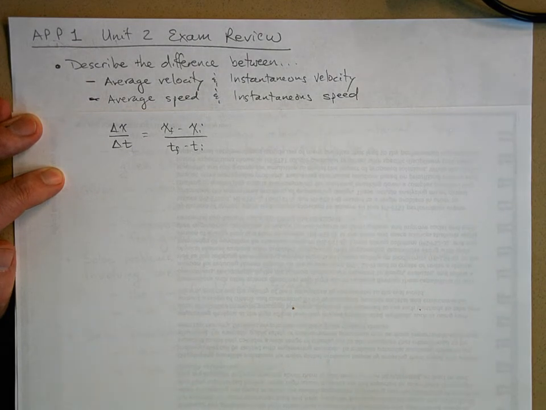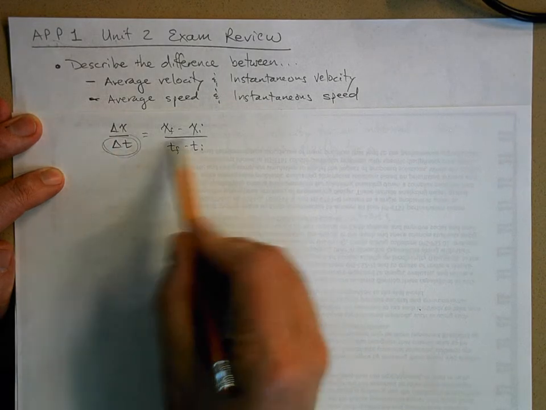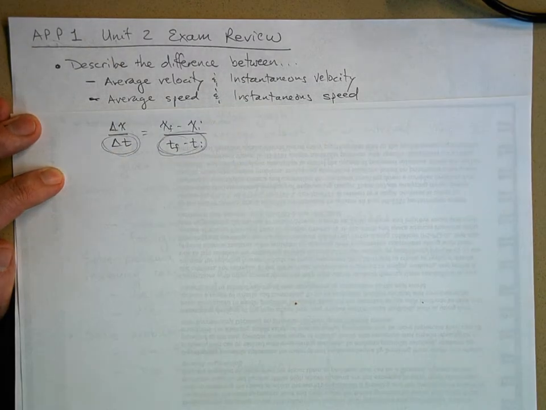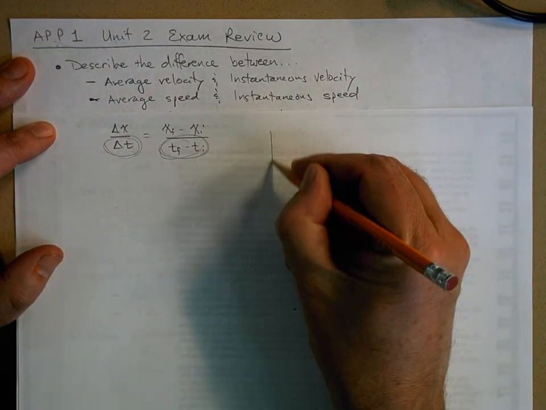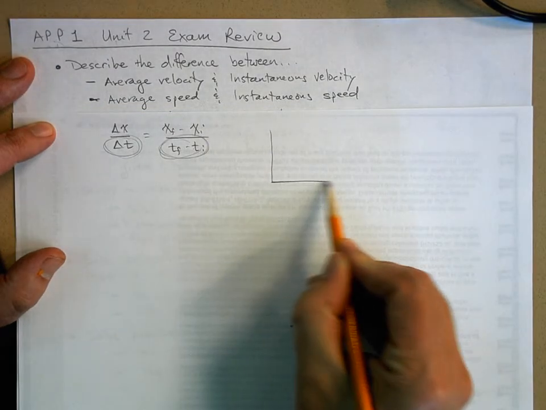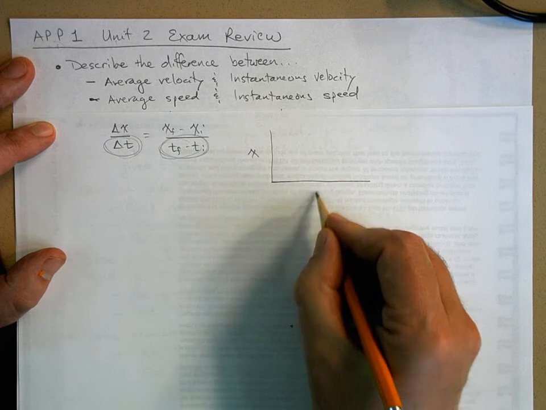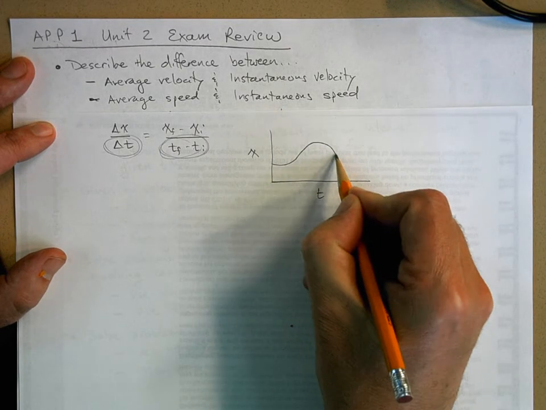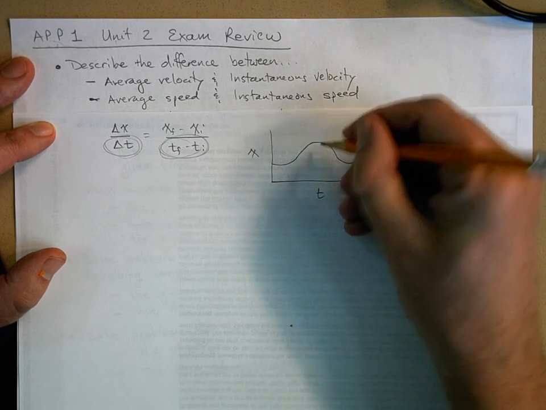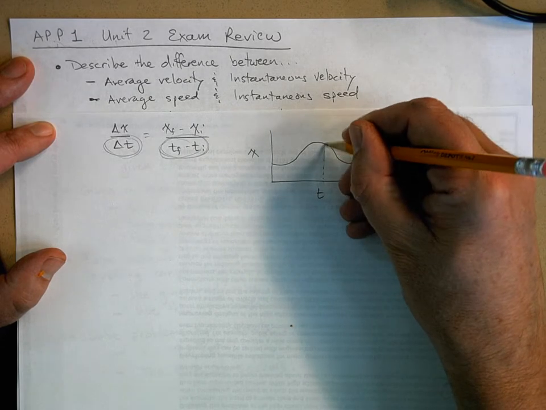It's how fast you're going and in what direction you're going, not over a span of time, a duration, but right now, this instant. Well, how do you do that? Well, if you're looking at a position versus time graph, which I'm going to give you, let's say you have something that looks like this, and you want to know, okay, what is the velocity at this time?